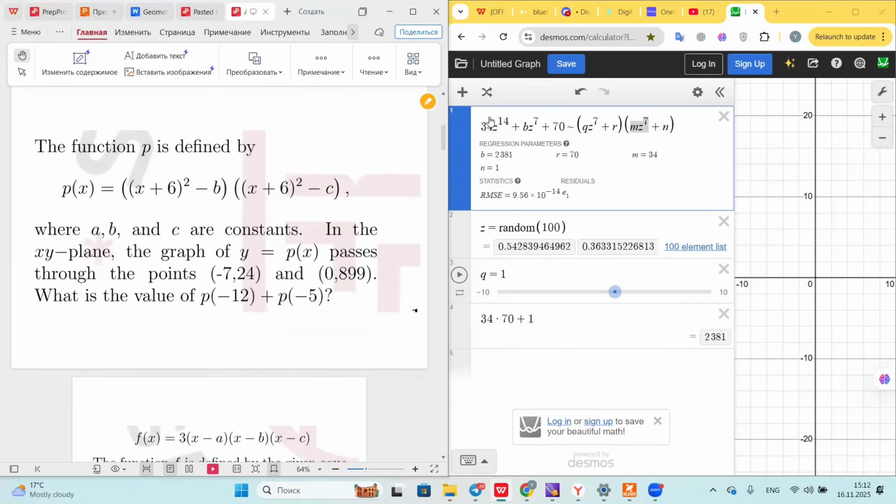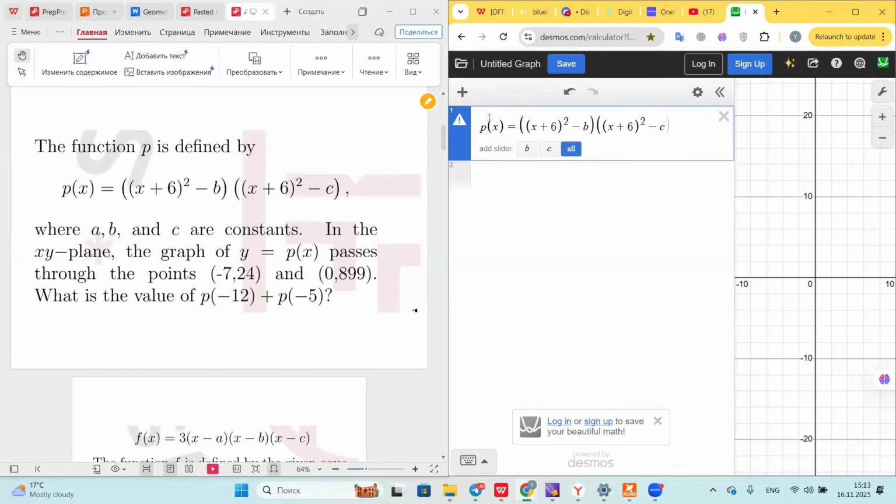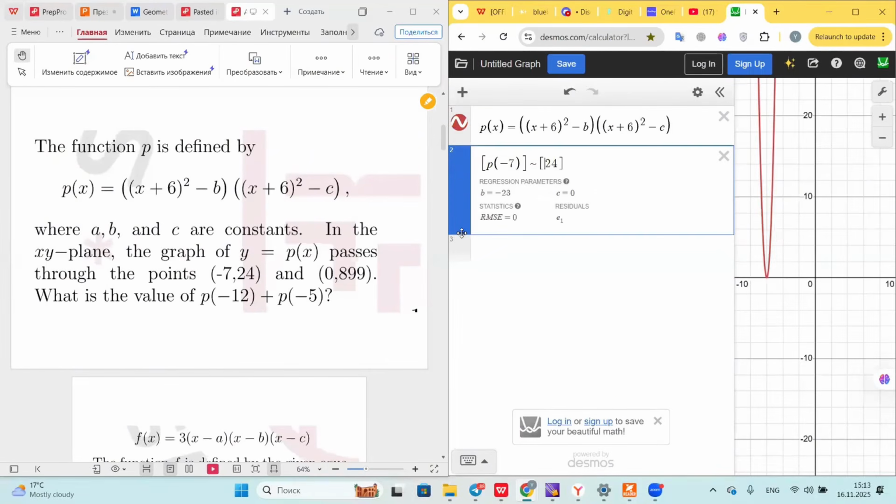Let's go to this kind of question. You are given such a function, with two pieces of information given, and your unknowns are b and c, two parameters and two unknowns. You can use Desmos, entering everything into Desmos. For P, the x coordinate is -7, the y coordinate is just 24.